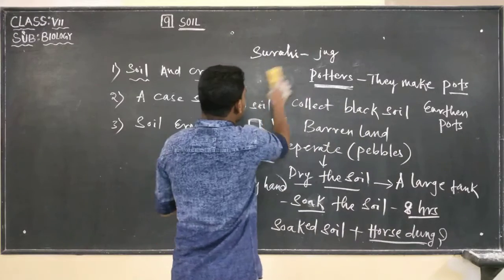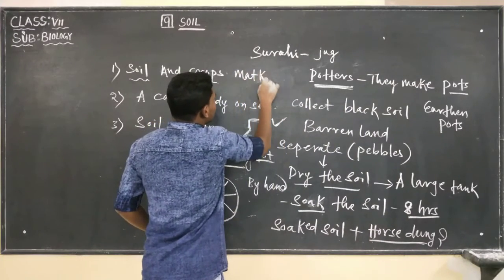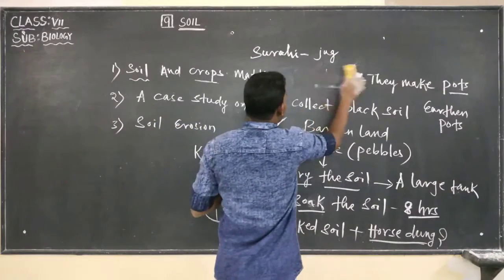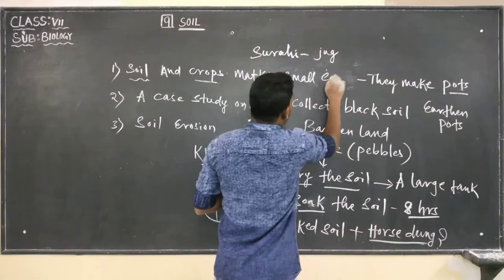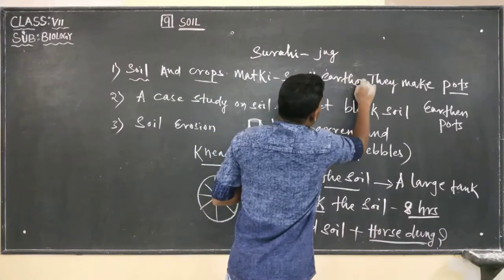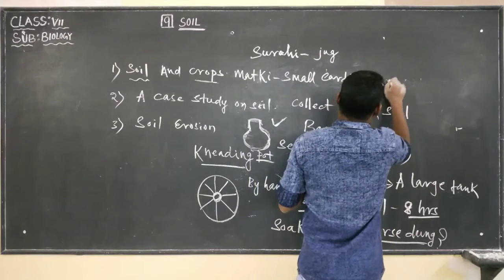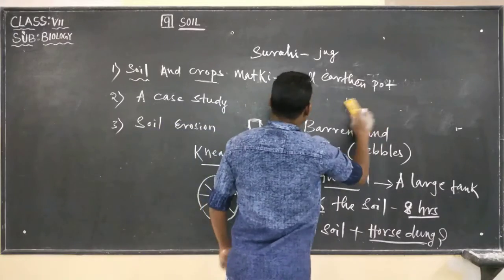And matki is a small earthen pot. Okay, matki is a small earthen pot.